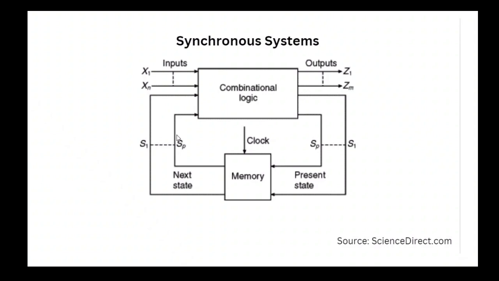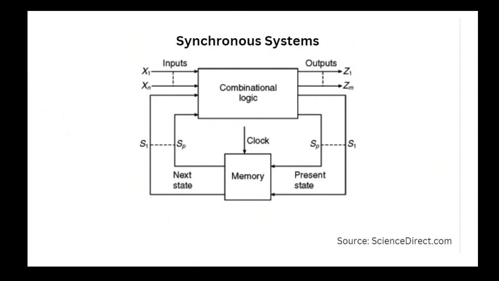In general, synchronous systems have three key components: a register, which stores the state of the system; combinational logic, which decides the next state based on the current state and inputs; and output logic, which just determines the system's output. So this is the inputs, the output, the combinational logic, the memory.